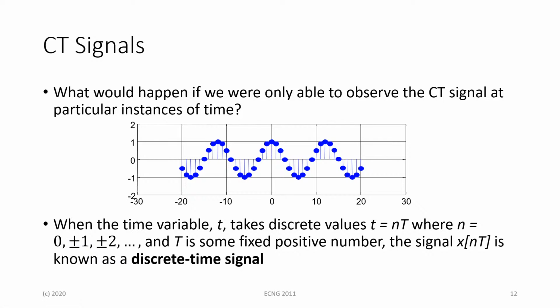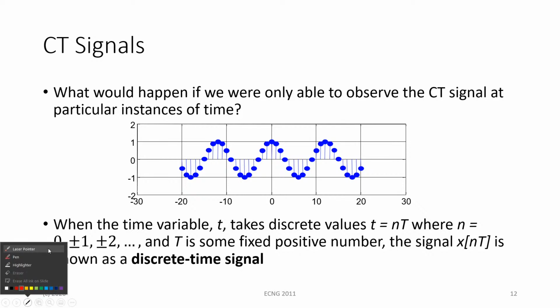So in order to obtain a discretized time signal from a continuous time signal, we basically sample the signal using a set time interval. And at each time instance of this time interval, we obtain the instantaneous value for that particular time.